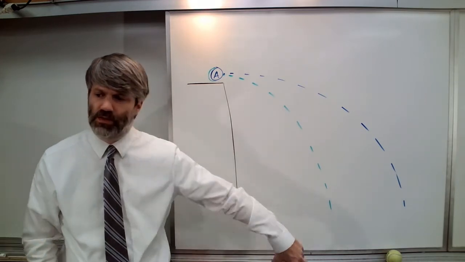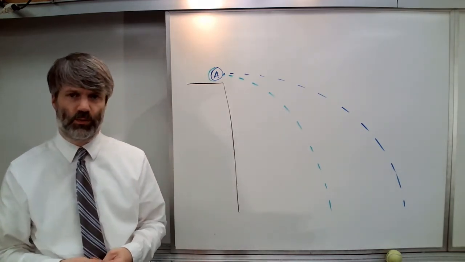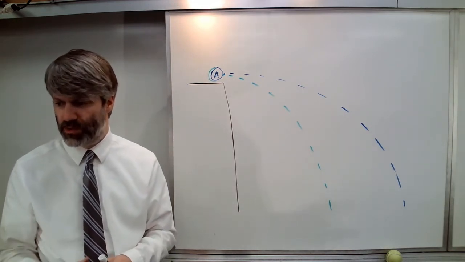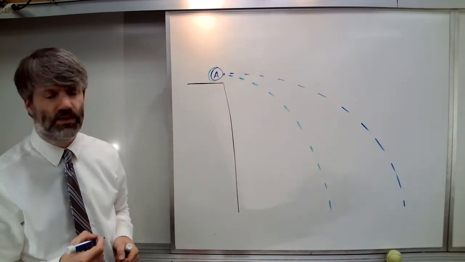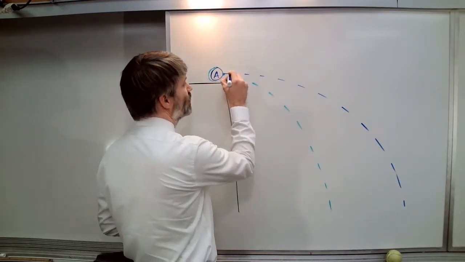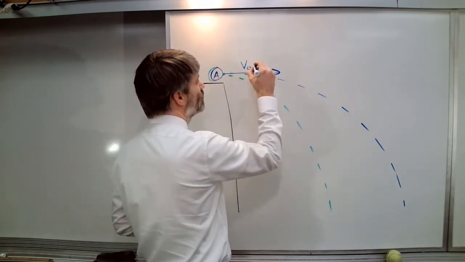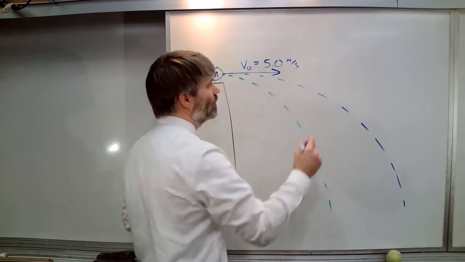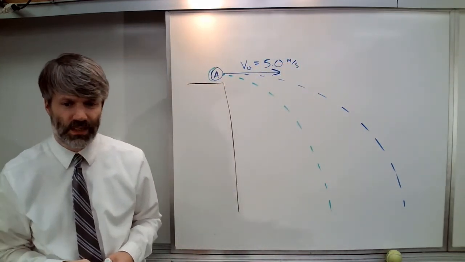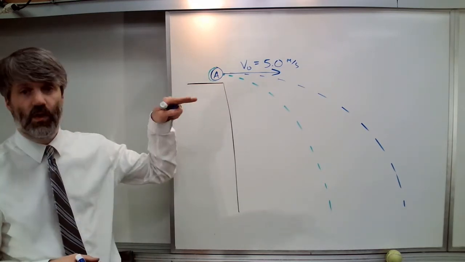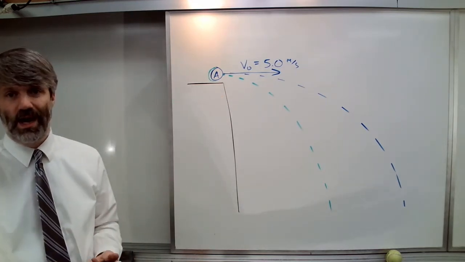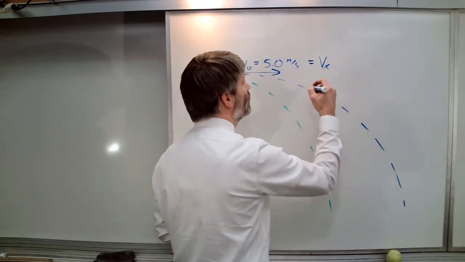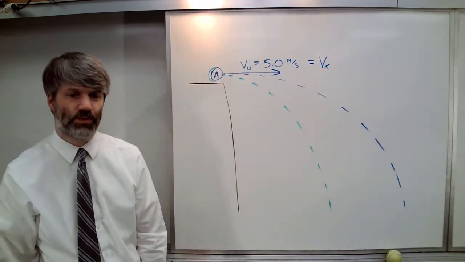So let's start to set up the problem that we've got here. Sphere A, we know something about that. Sphere A is launched at 5 meters per second, so V naught is 5.0 meters per second. And it's all x direction, so the x component of the velocity is 5.0 meters per second.